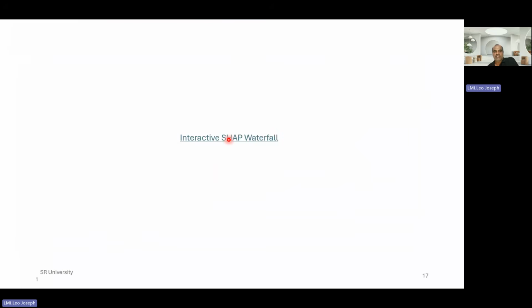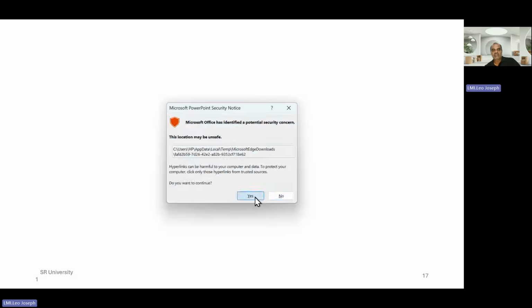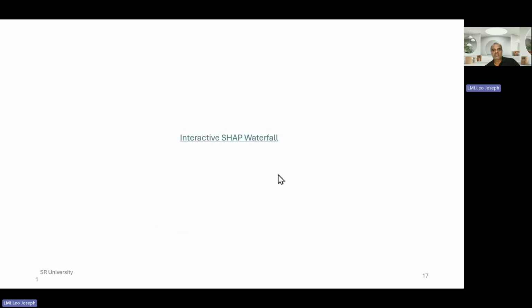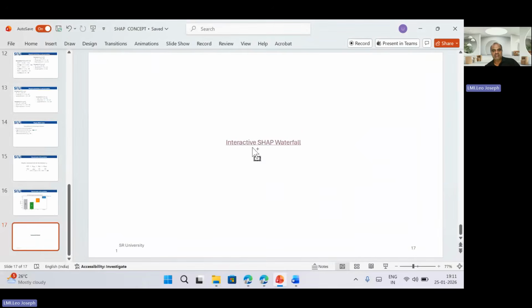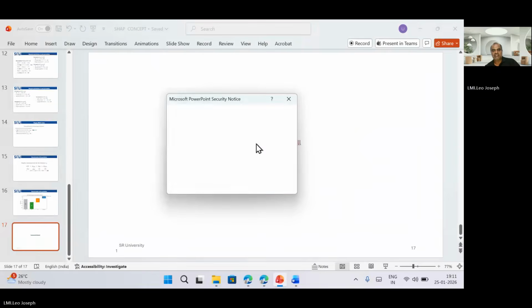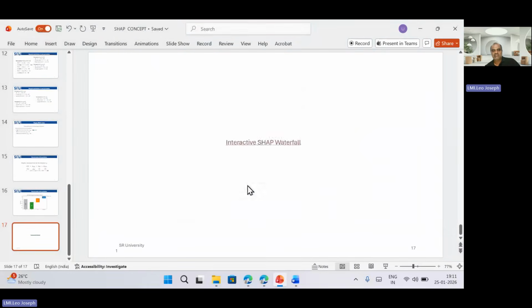If you want, you can take this also. This is the interactive SHAP waterfall. These are available here. It needs some internet also. I will check whether it is available. Yes, not available. So you can see this using the browser.